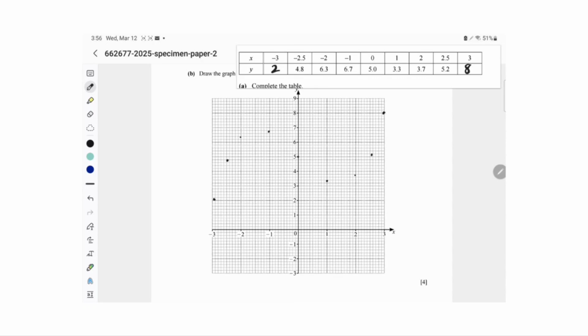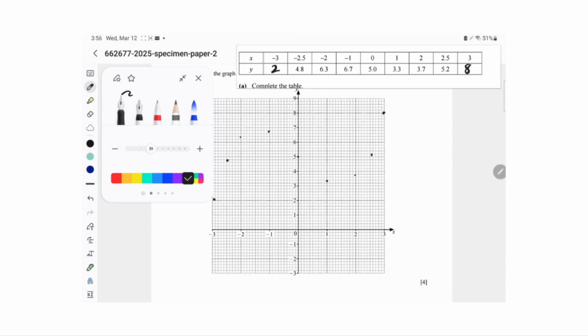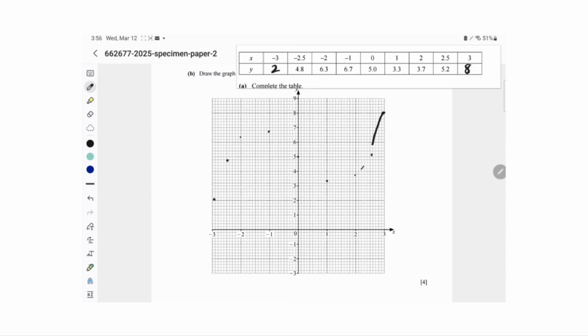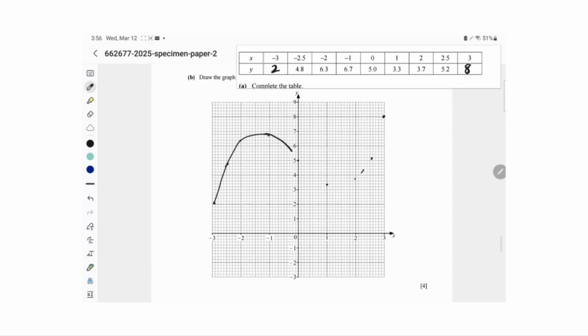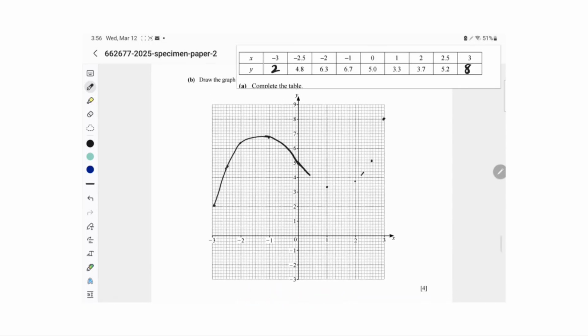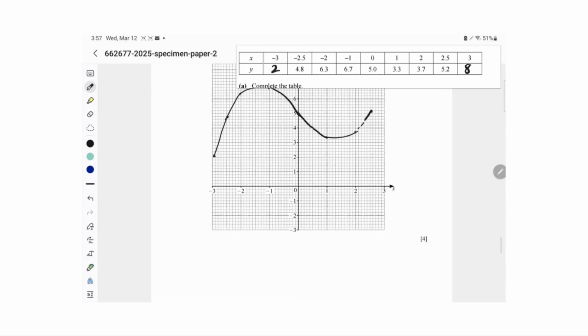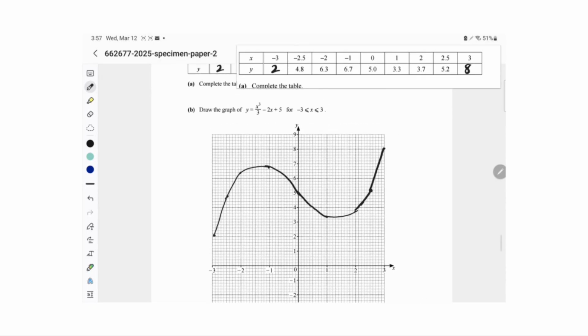Join the points now. So it will be a curve.